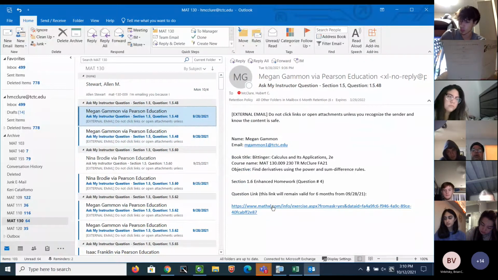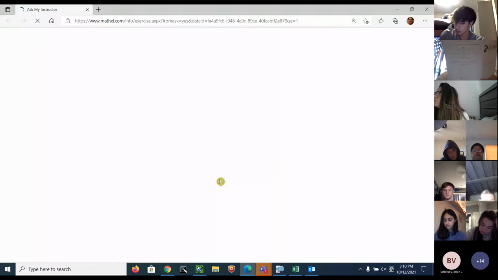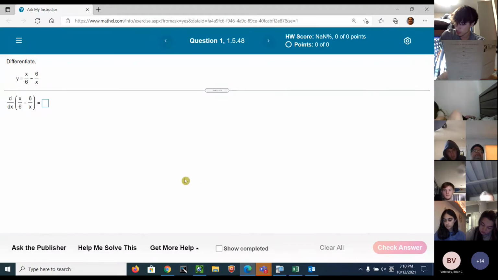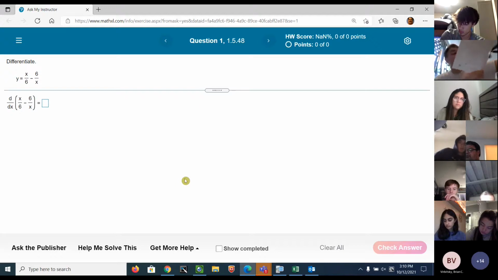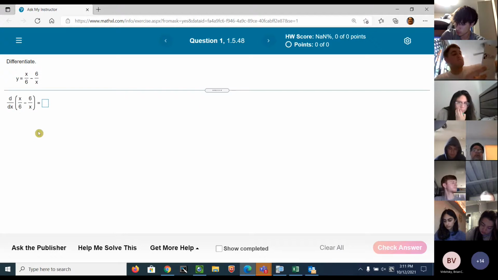And what does this one look like? Is it a test question? Oh, yeah. Because it's a rewrite. Y is equal to x over 6 minus 6 over x. Well, the first thing I'm going to do is rewrite this thing because it's a mess.